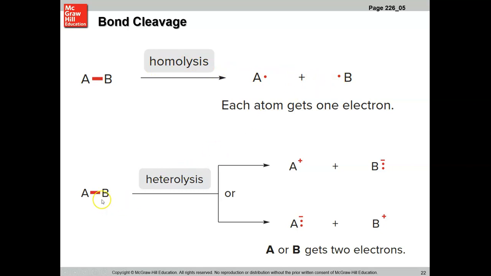There's also heterolysis, where typically the more electronegative element is going to get both of the electrons. If we break that apart, one of those elements is going to be positively charged, because remember, normally when we do formal charge, each one of these gets half of the bond, one of the electrons. If both of them leave and go to the B element, then we're going to have a positive charge on the A, and B is going to be negatively charged.